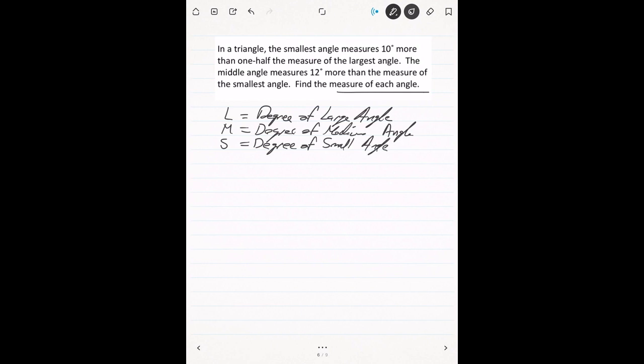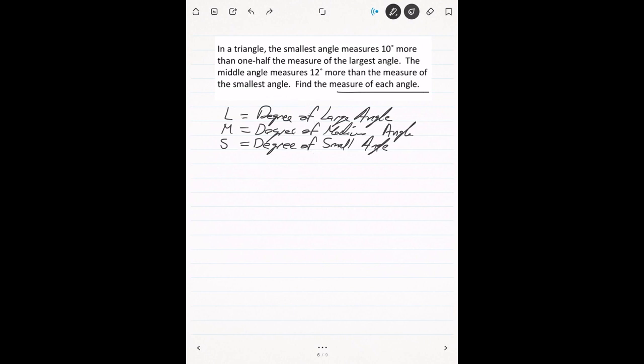And again, because it indicates here we have a small, a medium, and a large, this isn't an isosceles triangle. This isn't an equilateral triangle with all congruent angle measures. We have all different sized angles here. So one is larger than all of them, one's smaller than all of them, and one is in the middle. So let's go ahead and find their measure. And remember, measure for angles is in degrees.